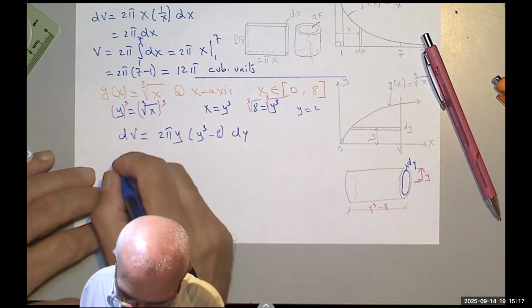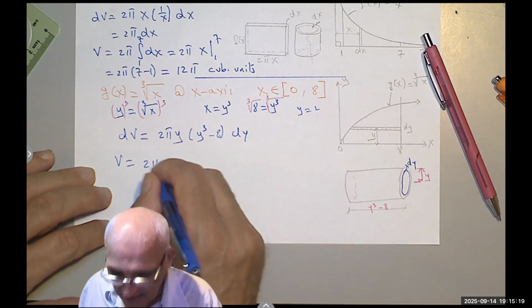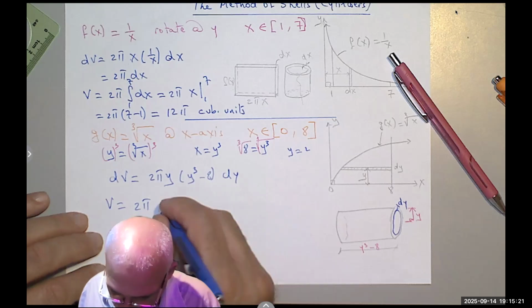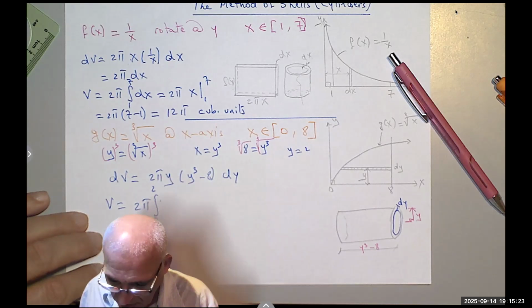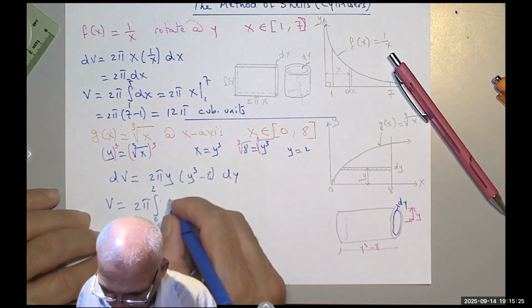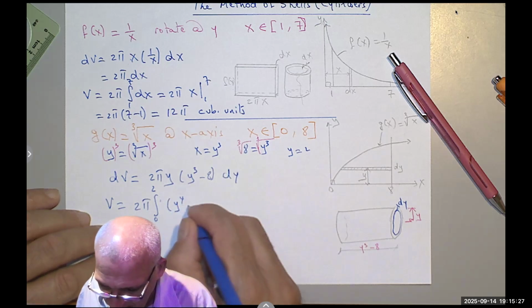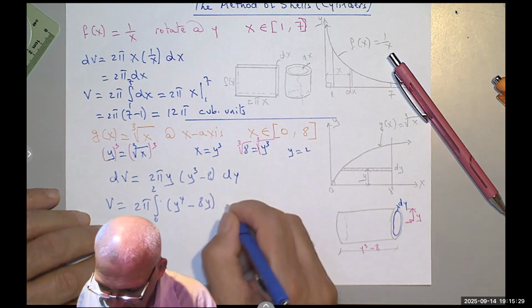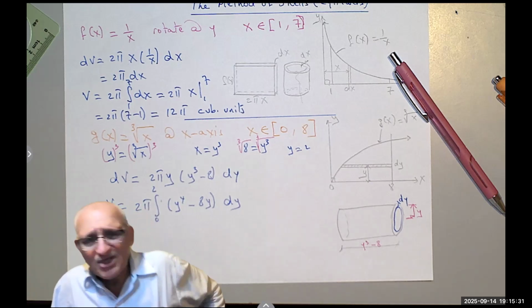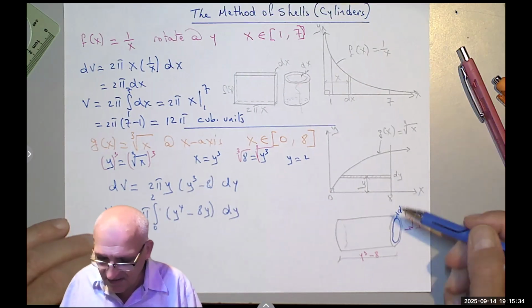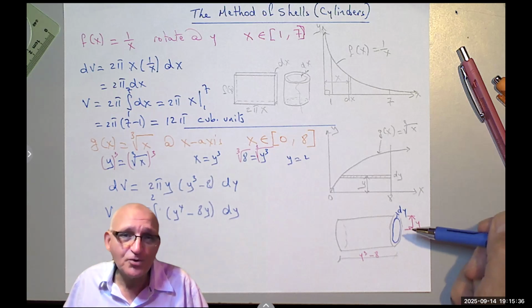So my integral now becomes 2 pi, which is a constant, times the integral from 0 to 2 of y to the fourth minus 8y dy. That's why I picked a number that has an integer cube root.